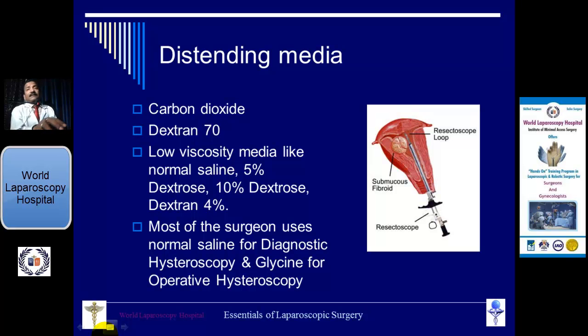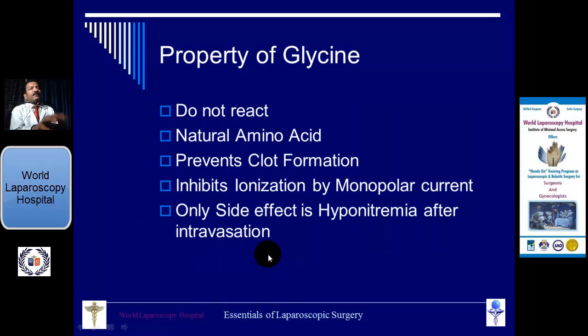Although if you are combining with laparoscopy you can suck it out, if you are doing only hysteroscopy then it is a concern. So ultimately you have glycine for the operative and normal saline for diagnostic.